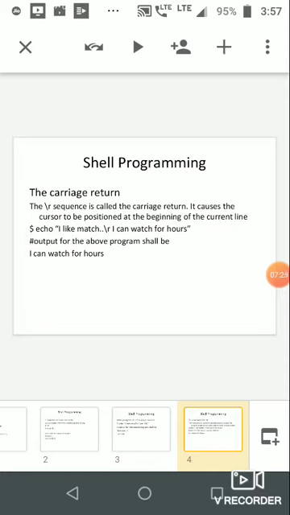That means actually it is displaying, but as the function of the carriage return, it is overwritten, and the rest of the portion that is here, that I can watch for hours, this portion actually displaying the first portion, that I like match, that portion is actually not displaying here, only due to the carriage return or cursor positioning.